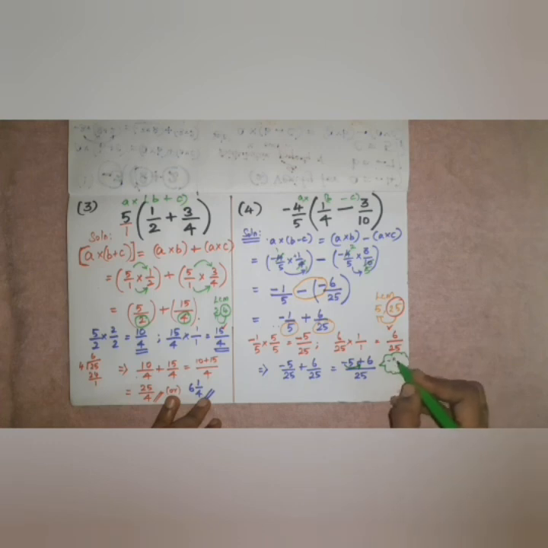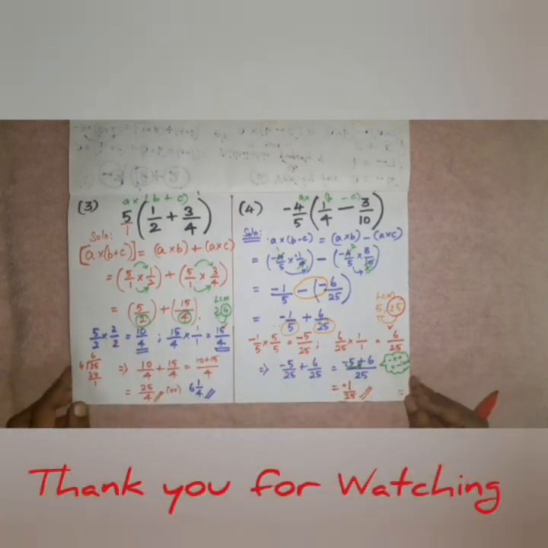Minus into plus minus, you have to think subtract. What is the difference between 5 and 6? It is 1. The difference is 1. And the sign of the greater number, plus or minus? 6 is the greater number, so plus. So the answer is 1 divided by 25. Clear? Thank you for watching.